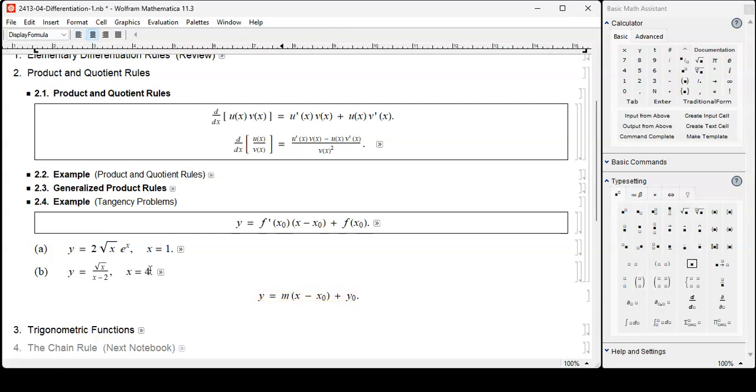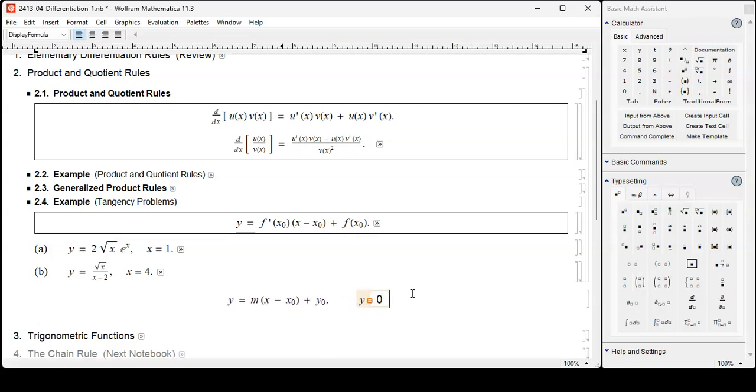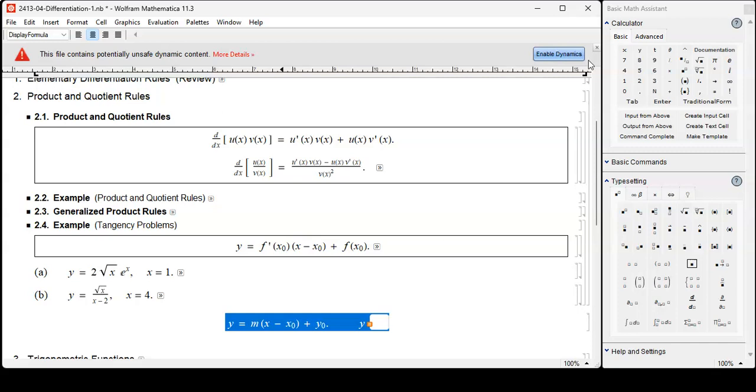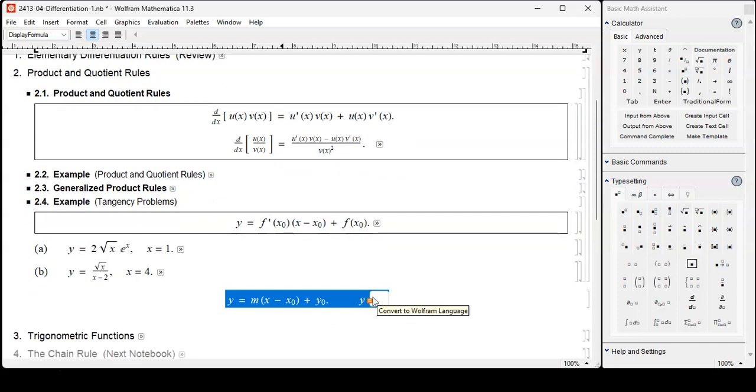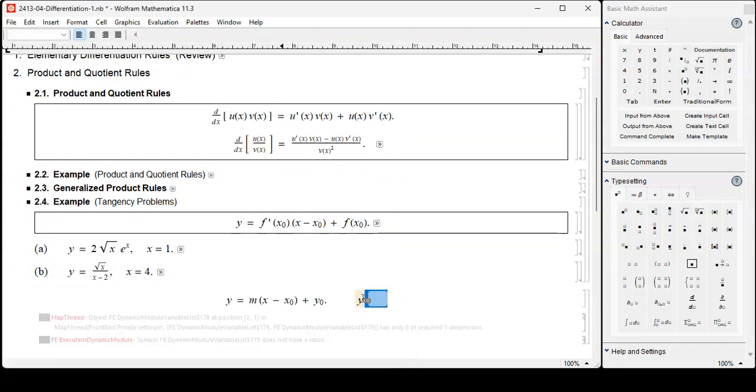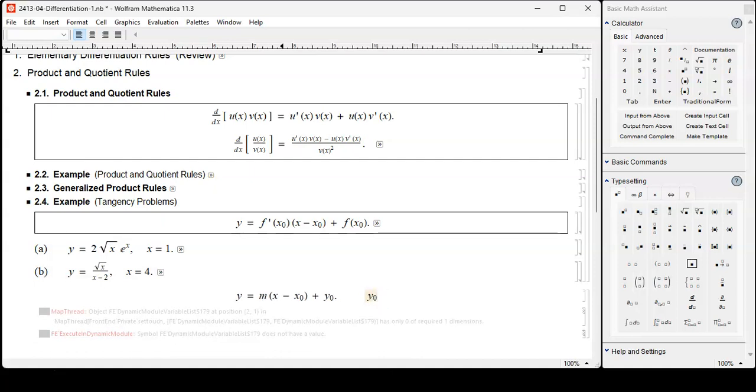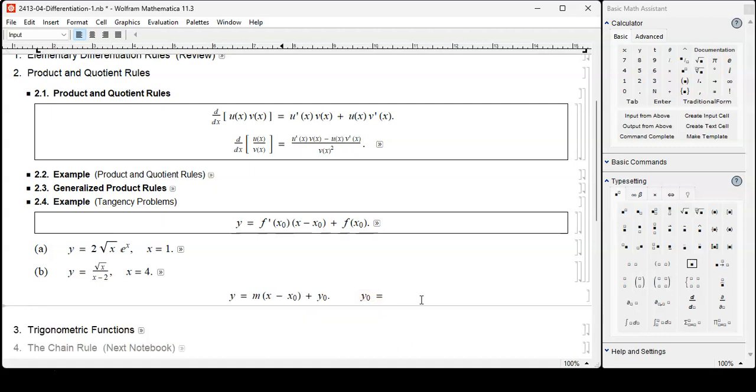x naught is given as 4. So y naught, oops. Oh, sorry about the typo. Okay, y naught, plug in x equals 4.